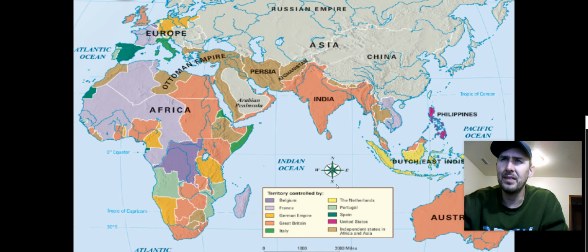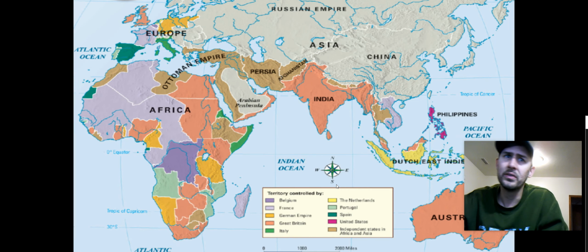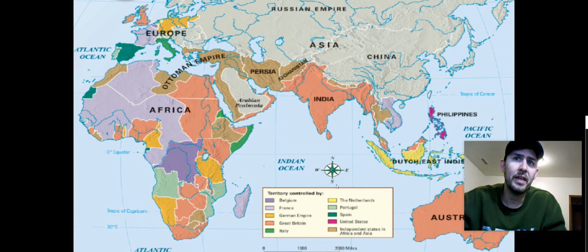Remember, the United States had a huge amount of their own natural resources, so why would they go to another country for them when we could just enslave the native people here or have slaves there to actually farm the natural resources? So if you look at this, I would say Great Britain and France have probably the biggest reach here.